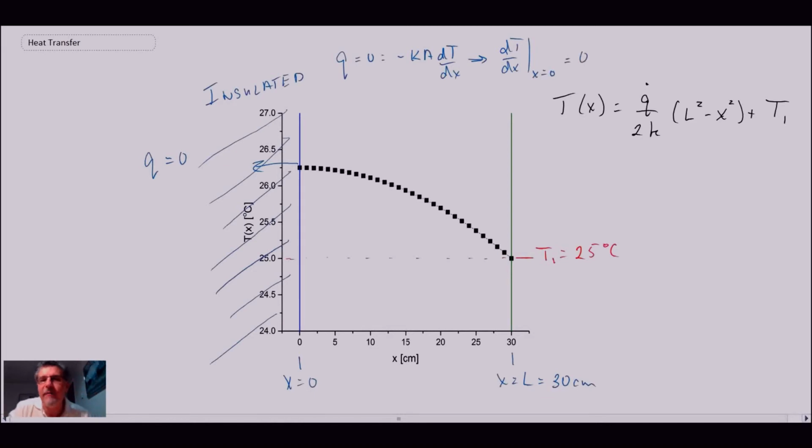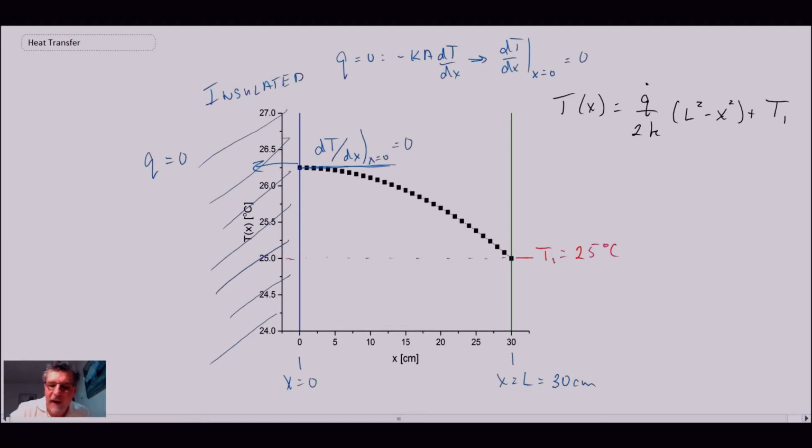What does that mean mathematically? It means the temperature does not change with spatial location, and consequently you would expect a flat line, or zero slope, at this location. So dT/dx at x equals 0 is equal to 0, and that's what we're seeing in the plot, so that's good.